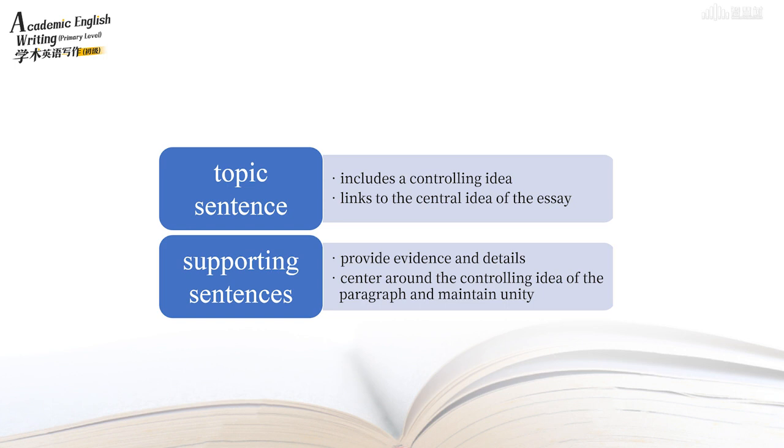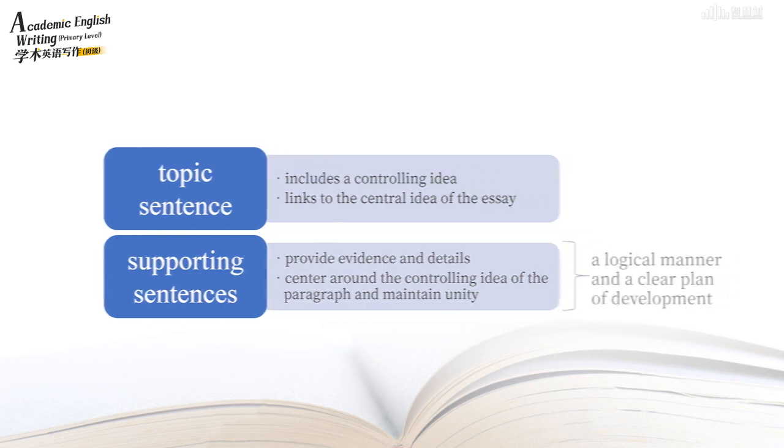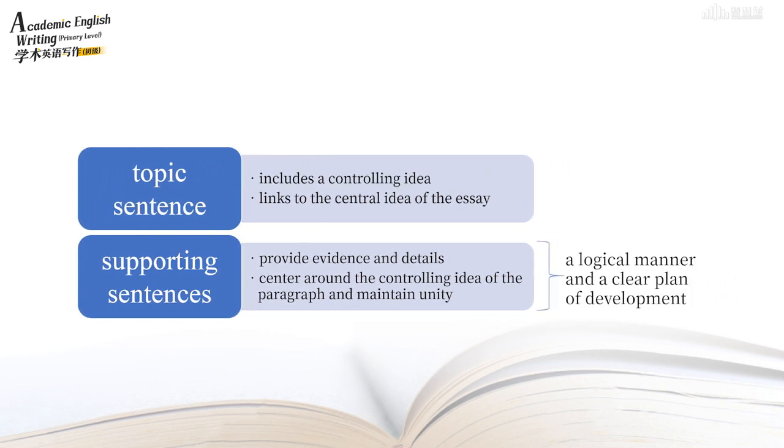This means all supporting sentences in a paragraph should be related to the controlling idea of the paragraph and maintain unity. The supporting sentences in a paragraph should be arranged in a logical manner and should follow a clear plan of development to achieve coherence.